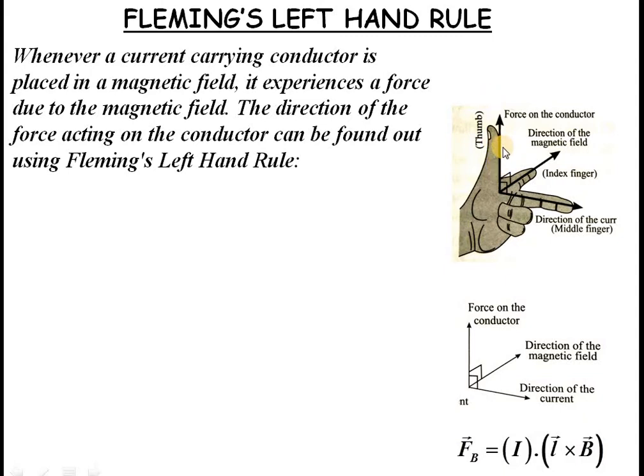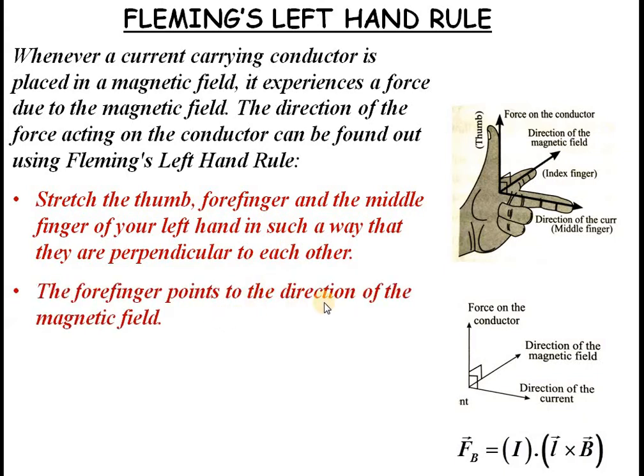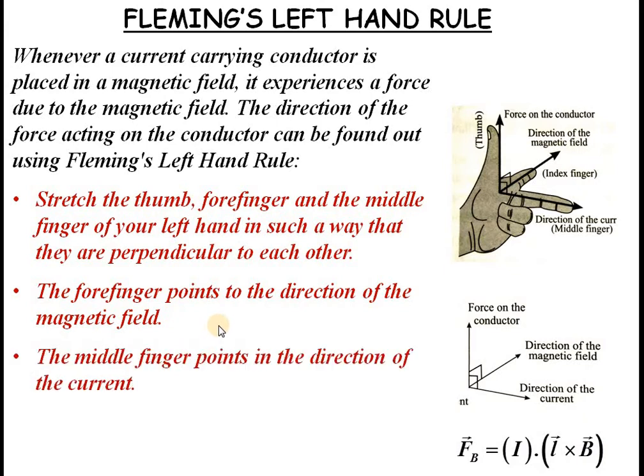So that is clear. This is the simplest method, a very handy layman method to find the direction of force, which exactly matches or is compatible with the given equation. So let us briefly explain what Fleming's left hand rule is. You stretch the thumb, the forefinger and the middle finger of your left hand in such a way that they are perpendicular to each other. The forefinger points in the direction of magnetic field, and the middle finger points in the direction of current.